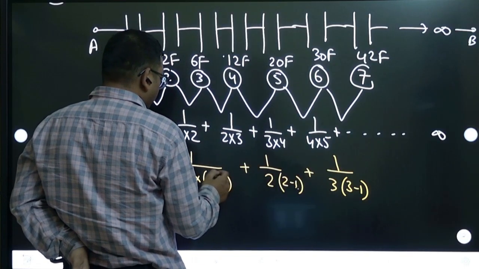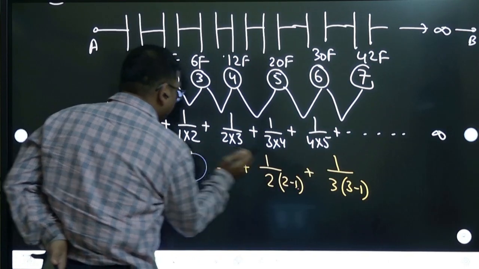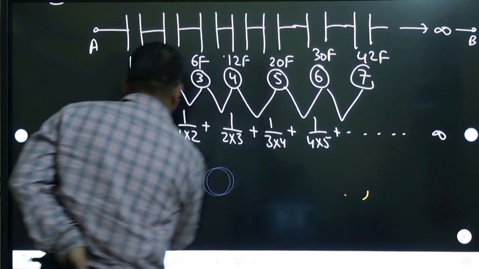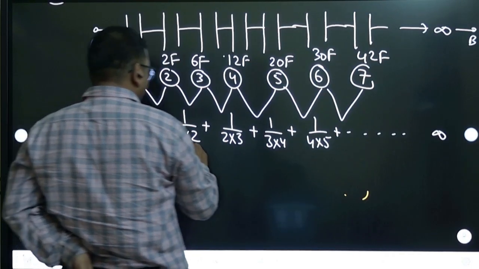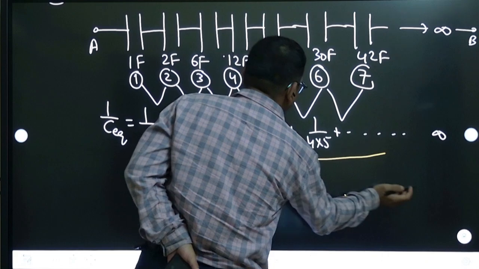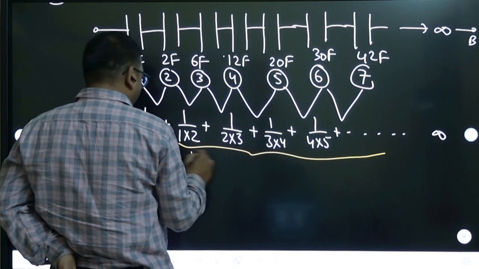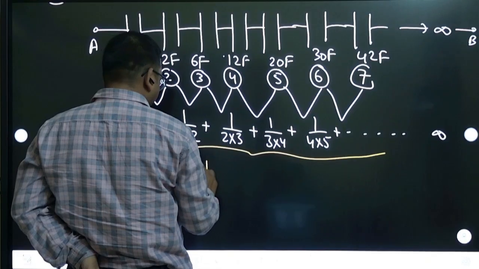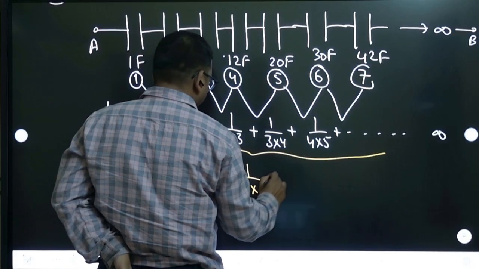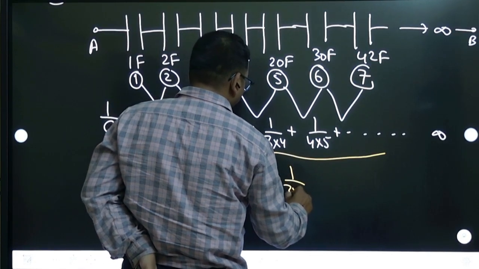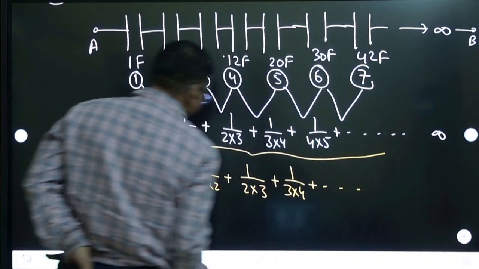First, I think if you leave it, it will be better. Okay, leave this one. This first you leave it. This is going to be 1 only. From here maybe you can form something, right? So from here this sequence which is 1 by 1 into 2, 1 by 2 into 3, 1 by 3 into 4. This can form some pattern.